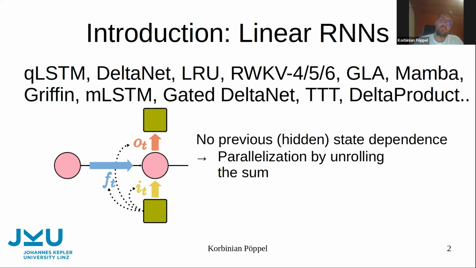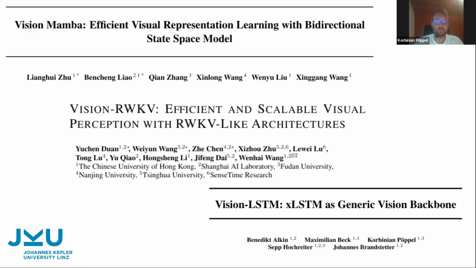So these linear RNNs are recurrent neural networks working on a sequence inherently. But we have seen them being applied also on non-sequence data, for example in computer vision with Vision Mamba, Vision RWKV, Vision LSTM.